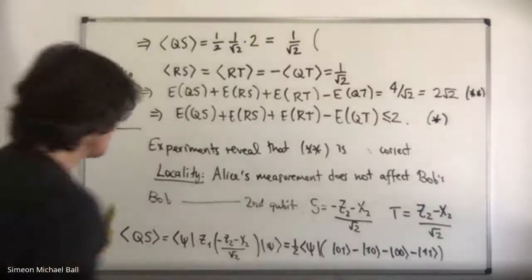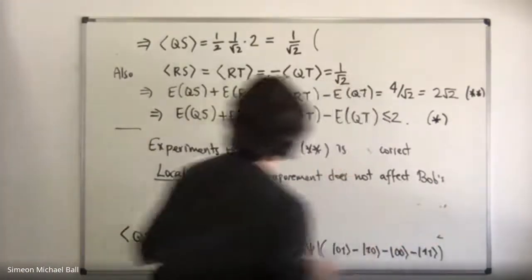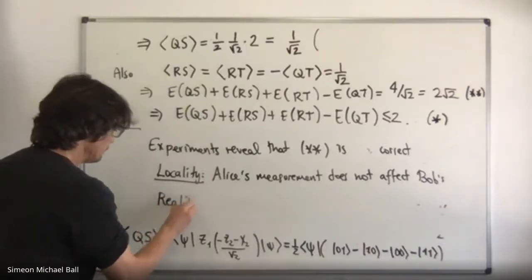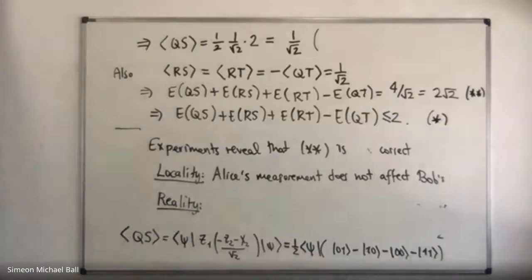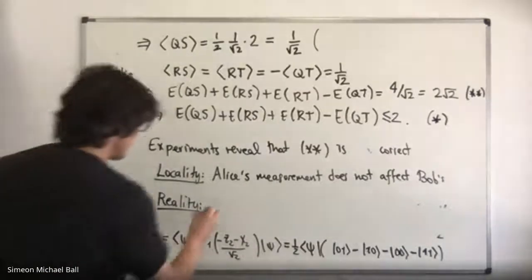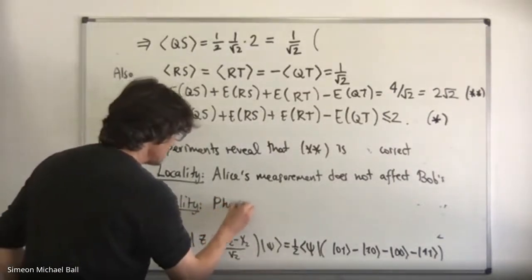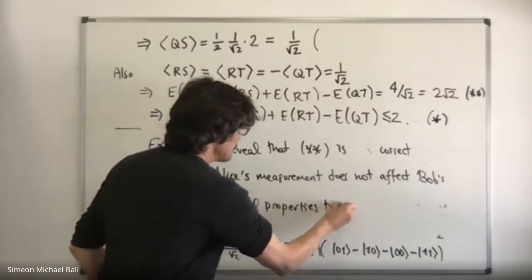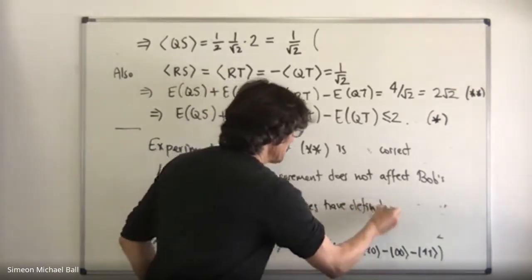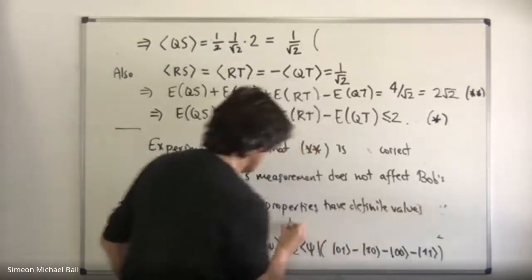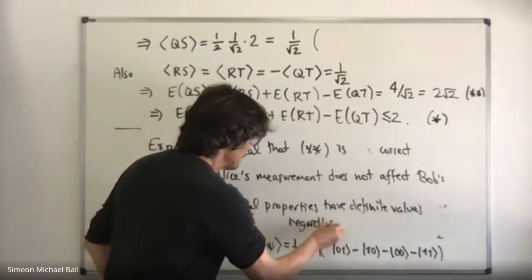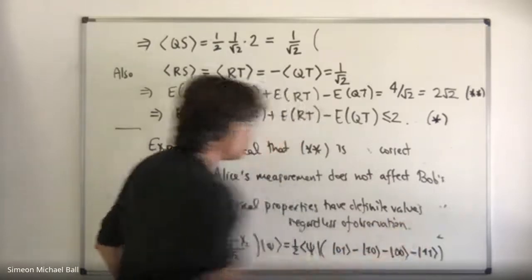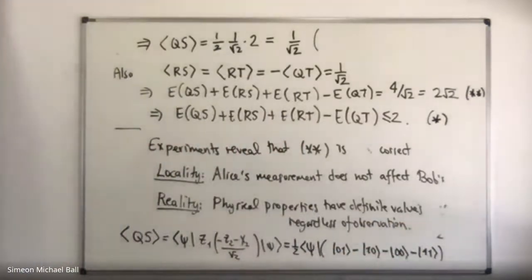And reality: that physical properties have definite values regardless of observation. One of these two things must be wrong.